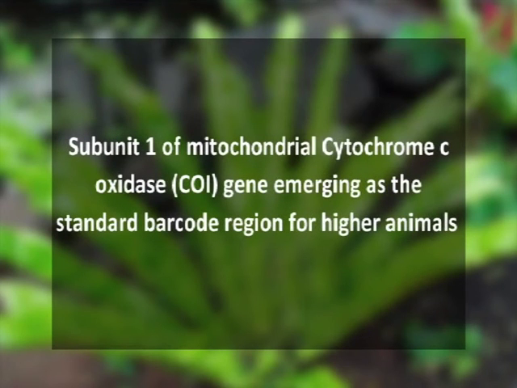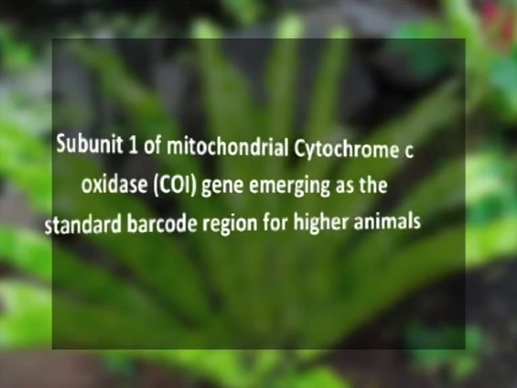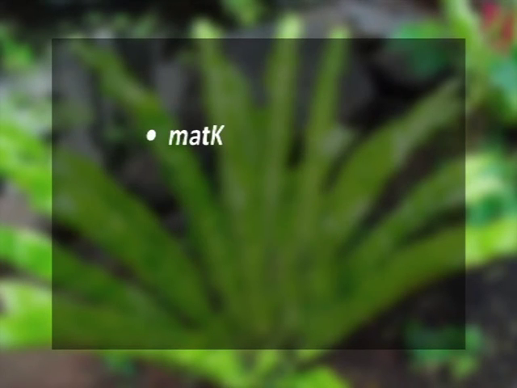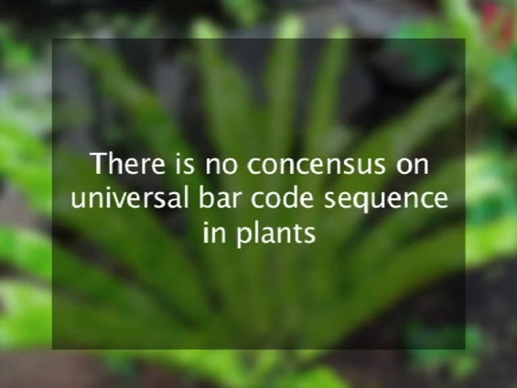Subunit 1 of mitochondrial cytochrome oxidase C, that's the COI gene, is emerging as a standard barcode region for higher animals. In plants, some regions in the genome considered as potential candidates for a barcode include matK, trnH, psbA, rpoC1, rpoB, etc., though at present there is no consensus on a universal barcode in plants.